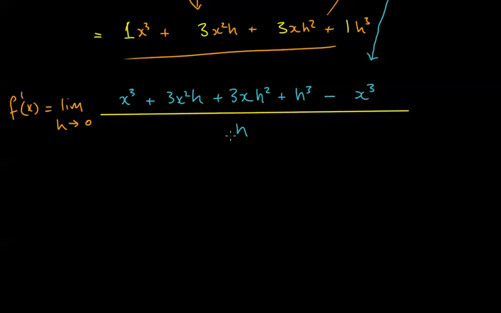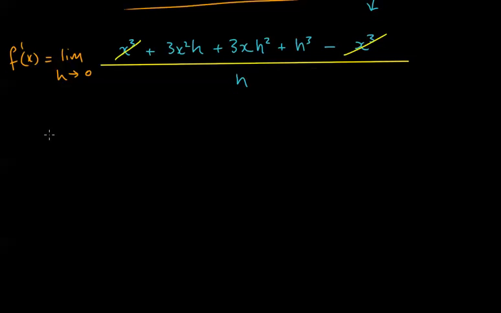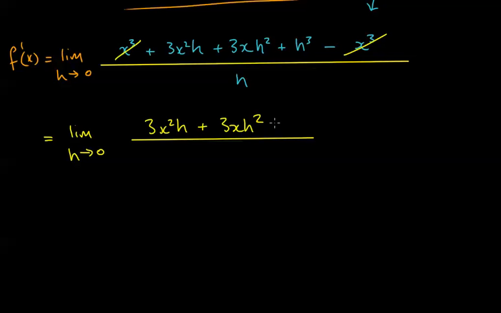Right, let's see what things cancel out on the numerator. I've got an x cubed and a minus x cubed, so they can go. I think that's it really, so let's put limit h tending to 0, and what have we got left? We have 3x squared h plus 3x h squared plus h cubed over h.